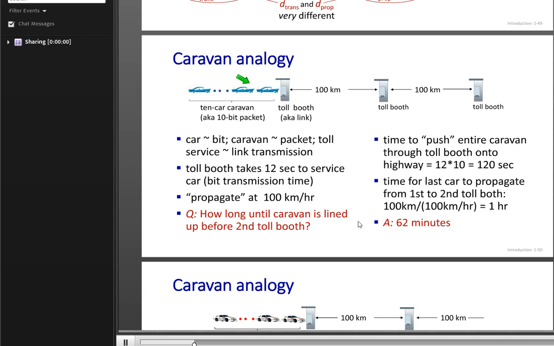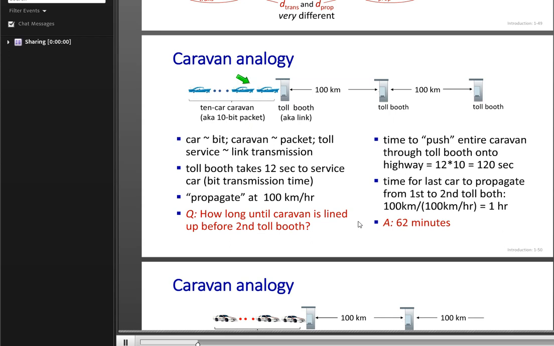Here, in this example, we can say instead of packet, we say caravan. So the caravan is the packet. And instead of bit or byte, we say car. So when I say there is a 10-car caravan, it means I have a packet with, for example, 10 byte length or 10 bit length.